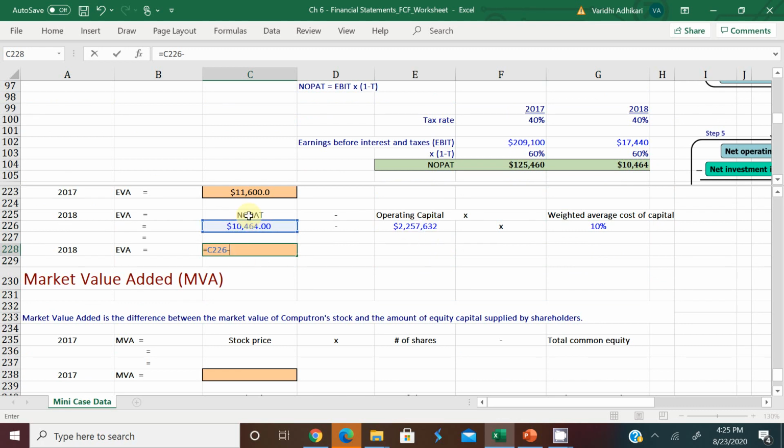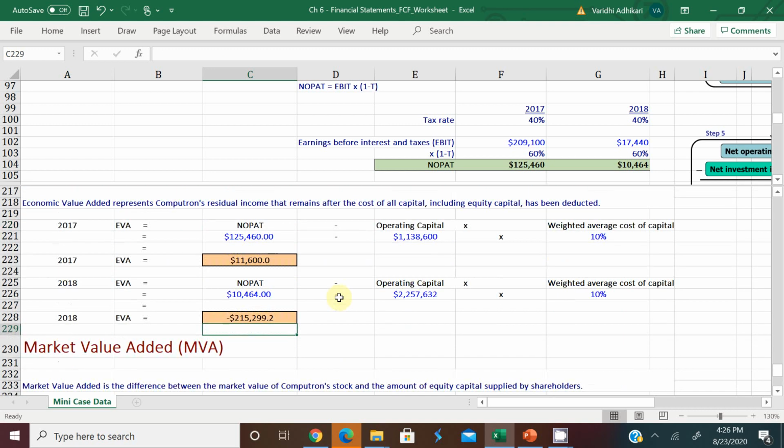NOPAT minus operating capital times weighted average cost of capital. The second part is how much the investors wanted. The first part is how much the investors got in operating profit. So $215,000 negative economic value added. So the company kind of lost investors' money.